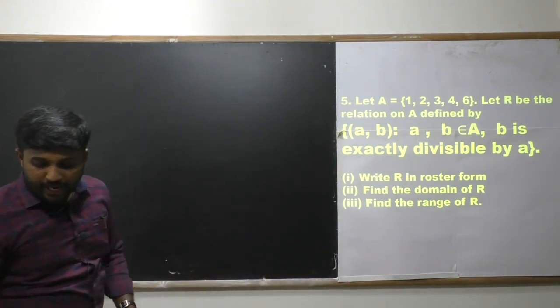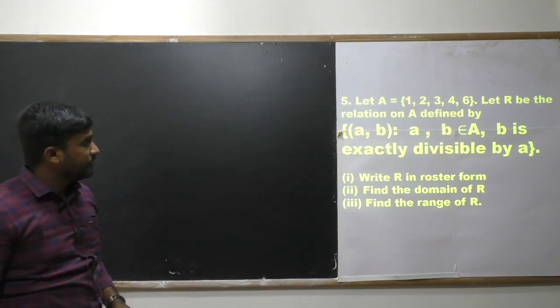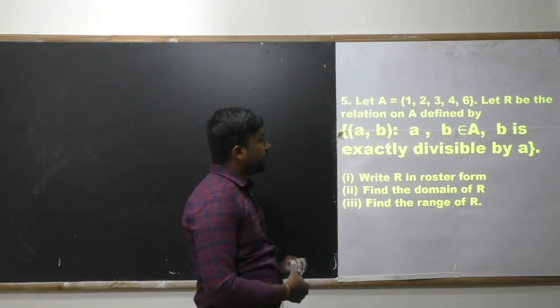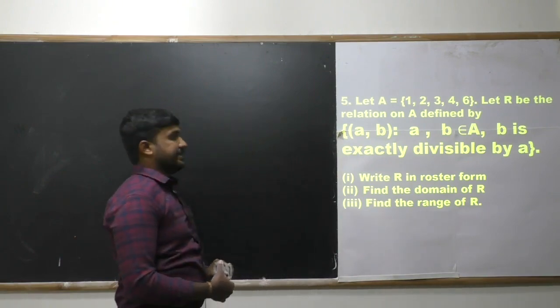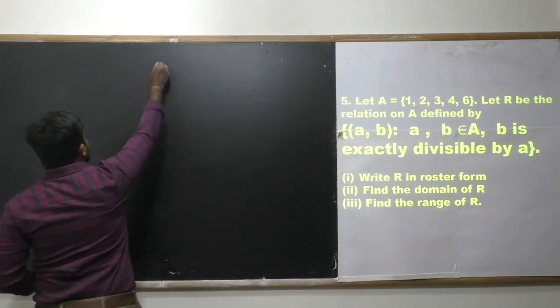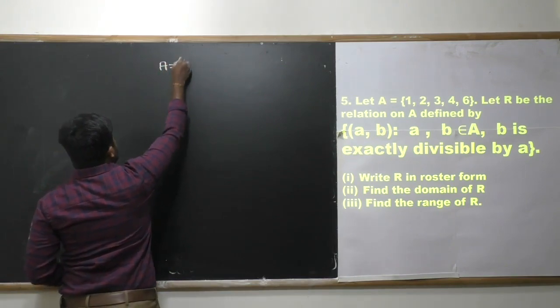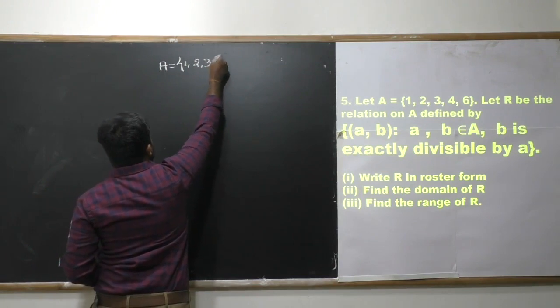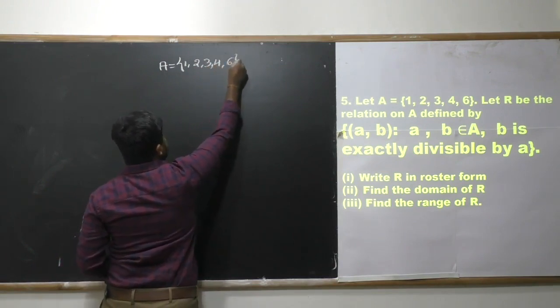Let A is equal to set with elements 1, 2, 3, 4, 6.